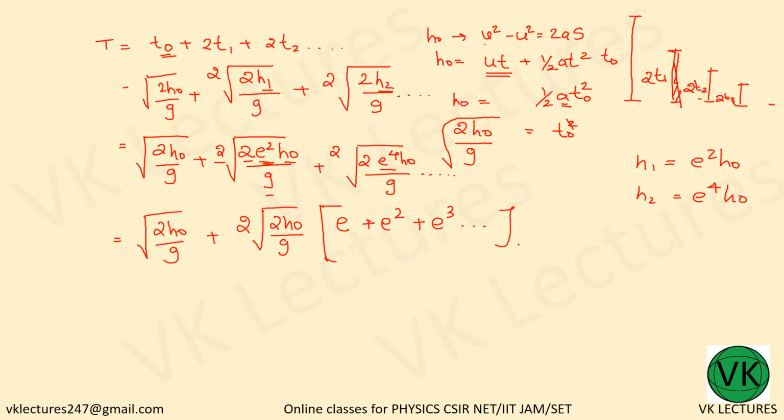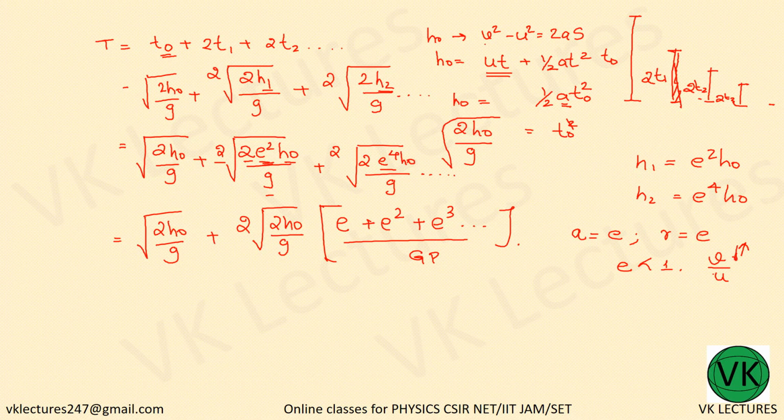Now here you see this is a geometric progression with the first term a equal to e, and the common ratio r is equal to e. Now this e value is always less than 1 because it is the velocity of the upward motion divided by the incoming velocity.